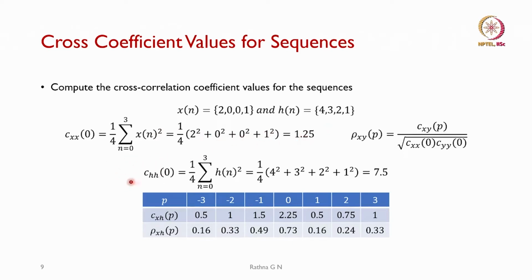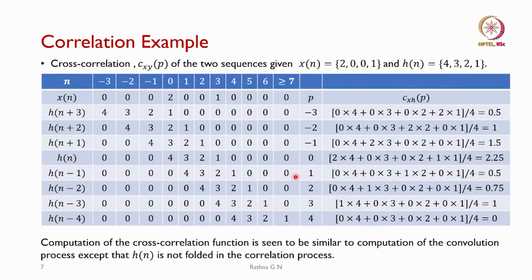And then the autocorrelation of the h signal at 0 is equivalent to 1 by 4 into the same way, sum over n equal to 0 to 3 of h of n squared. When you substitute these values you will get 7.5. Now, we have computed the cross correlation Cxh of p in the previous table, as you can see, 0.5, 1.5.